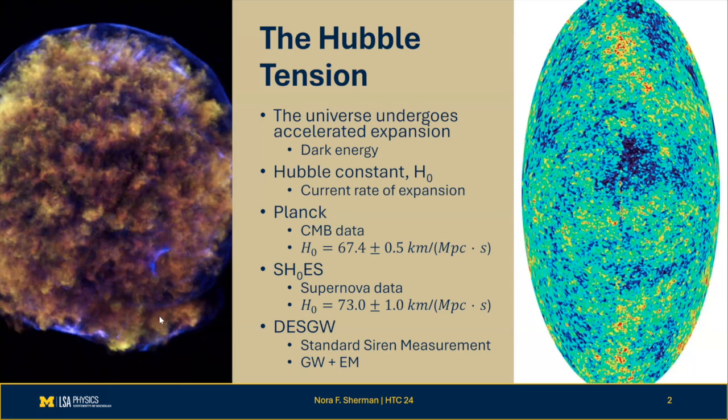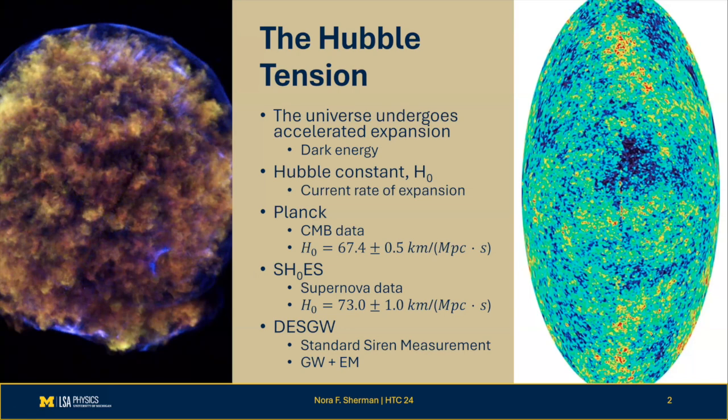Experiments like Planck that rely on cosmic microwave background data, so early time data, get values close to this, while late time measurements like those performed by the SH0ES experiment rely on supernova data, which is a late time measurement of the Hubble constant. And these two measurements differ by more than 5 sigma.